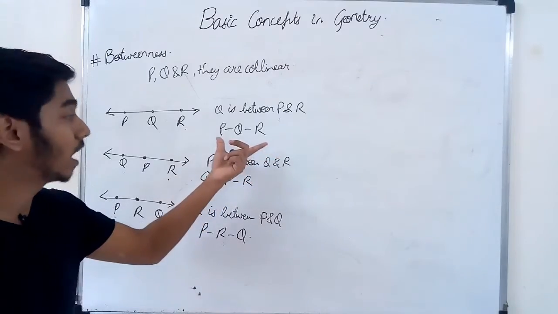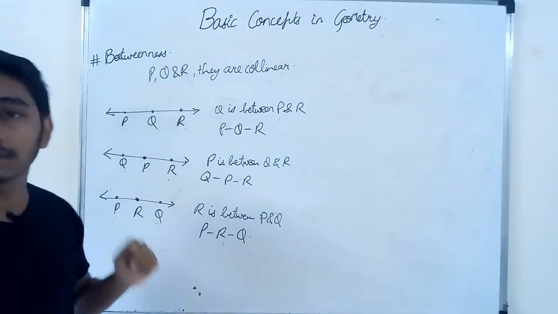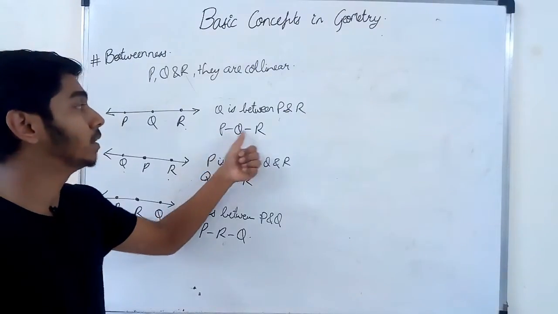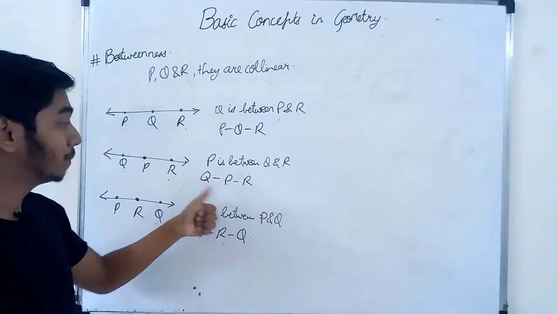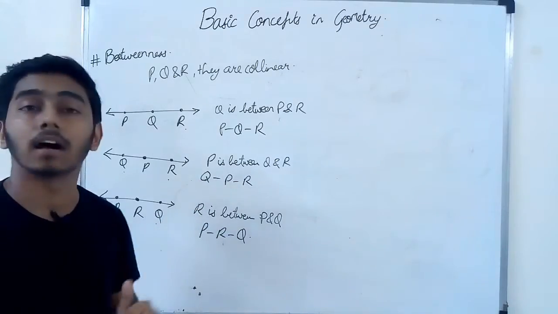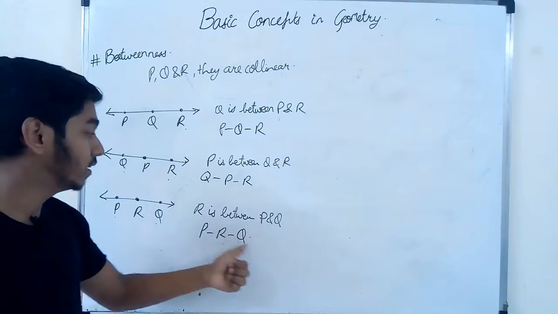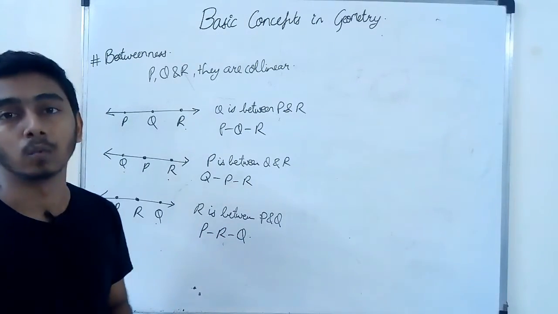This is how you represent betweenness. So this says that Q is in between P and R. This says that P is in between Q and R, and this says that it is R which is in between P and Q.